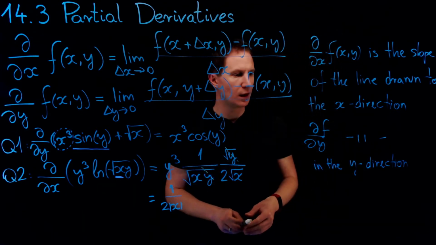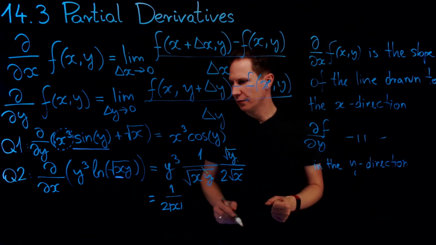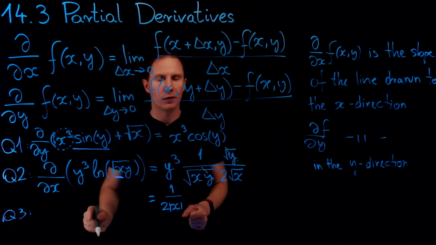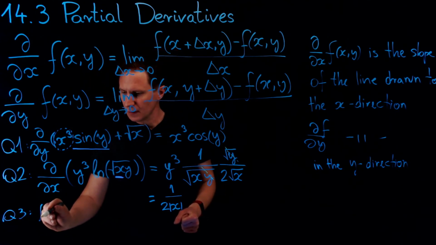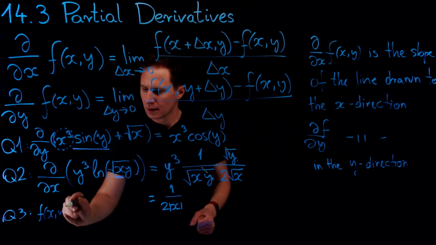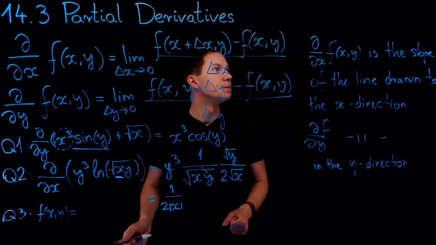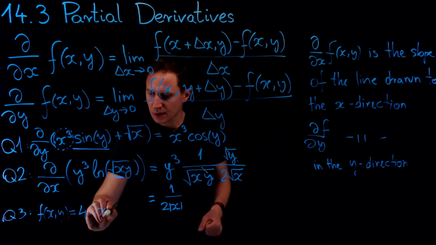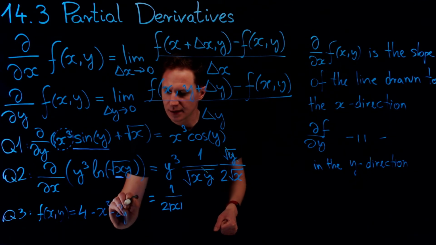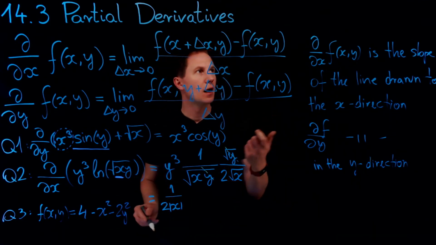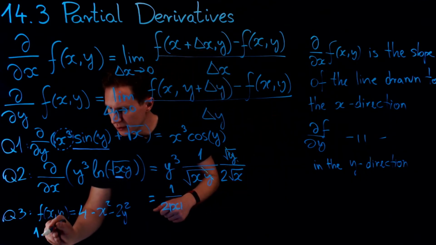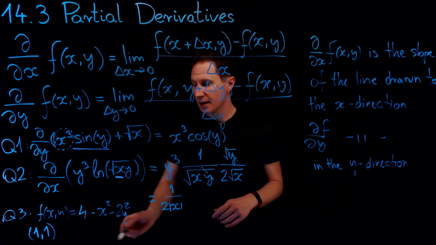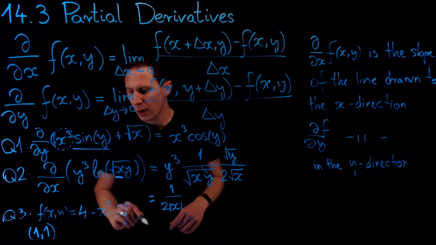Let me show you what I mean by giving you the following question. Let's consider the function f of x, y equals 4 minus x squared minus 2y squared, and I ask you to compute the partial derivatives with respect to x and y at this point, 1, 1.